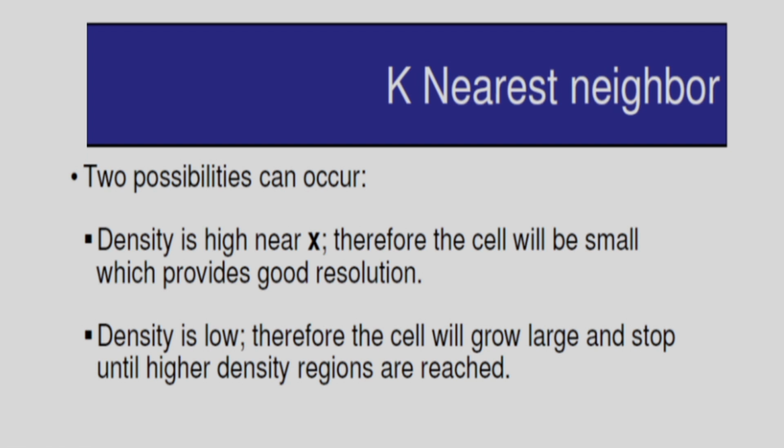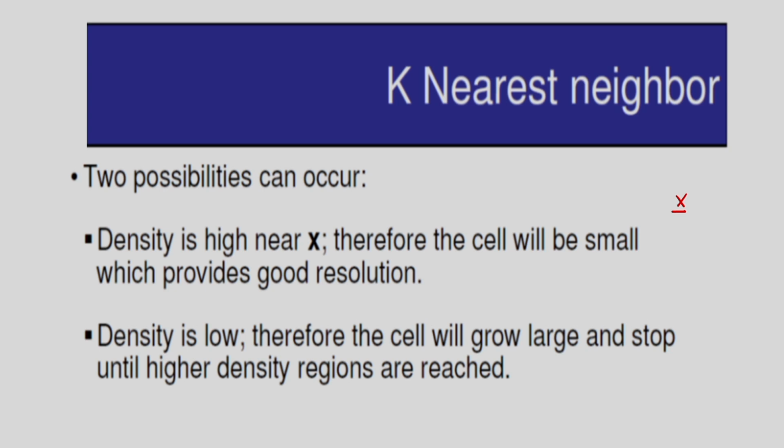And two possibilities can occur. The density is high near x, therefore the cell will be small, which provides good resolution. So, the density may be high near the feature vector x, and in this case the cell will be small, which provides good resolution.